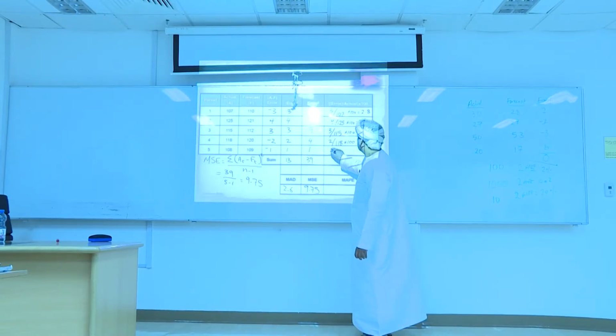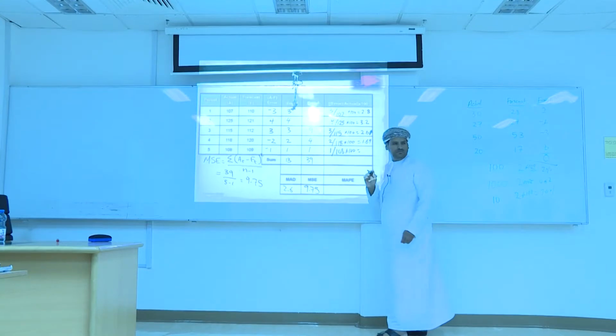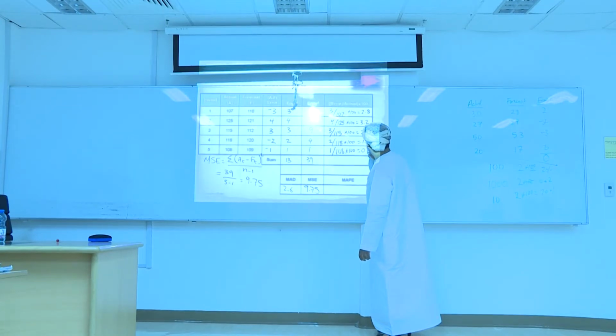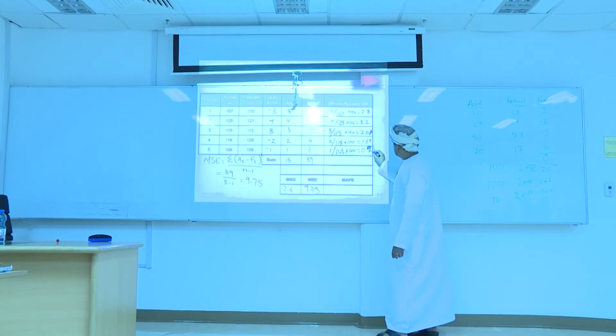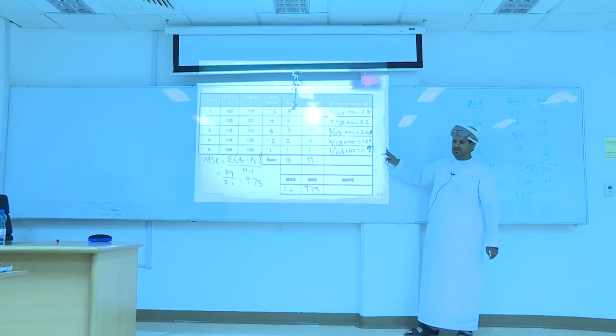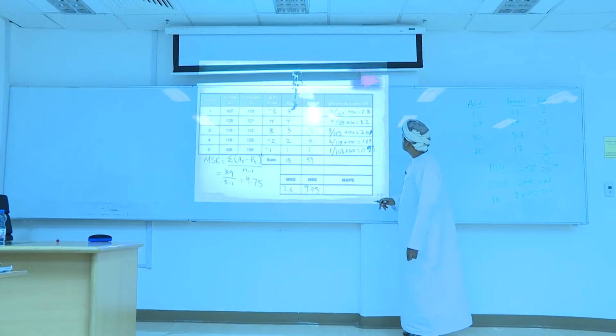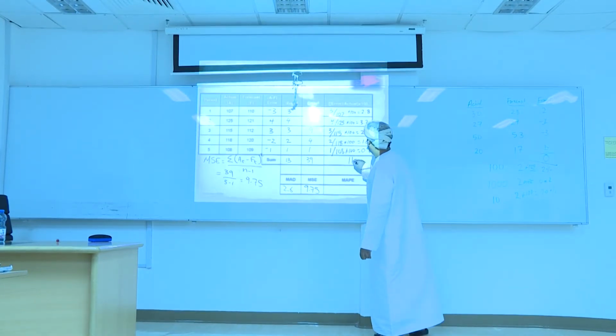And the last one is 1 over 108 multiplied by 100. That gives us 0.93. Okay. And the total of these ones? 11.23.